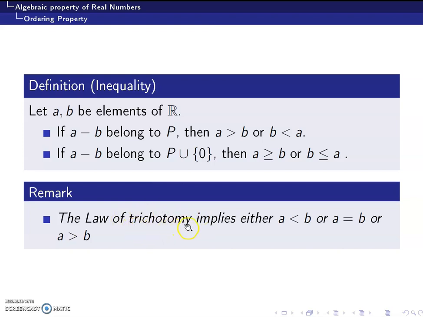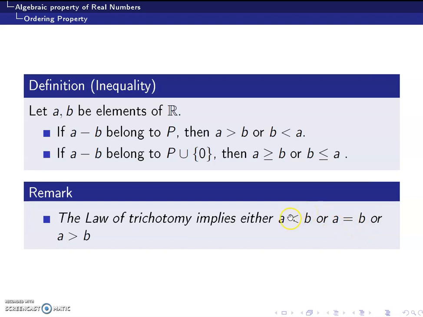If A minus B is in P, we can safely say that A is greater than B, which is the third part of the law of trichotomy. If A minus B is equal to 0, then we obtain the second part of the law of trichotomy, that is, A equals B.